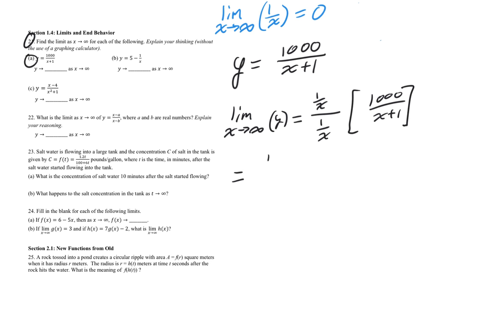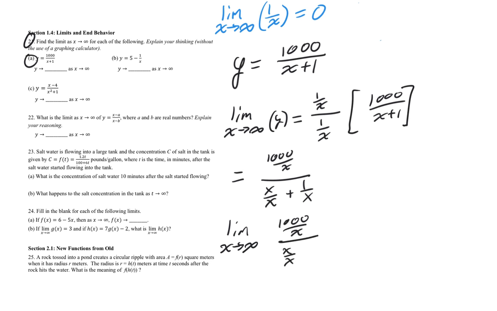This will yield us 1,000 over x, over x over x plus 1 over x. So when we take the limit as x approaches infinity of this, for x over x plus 1 over x, we know these terms will become 1 and 0, which then gives us the answer of 0.